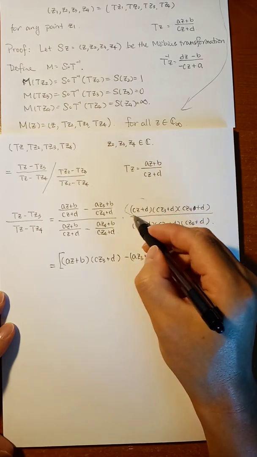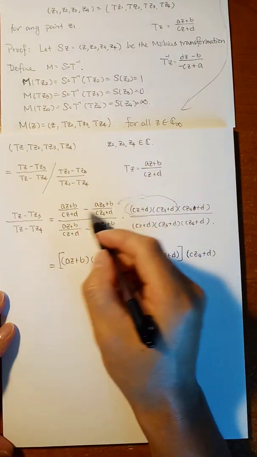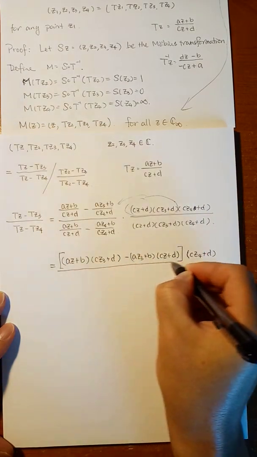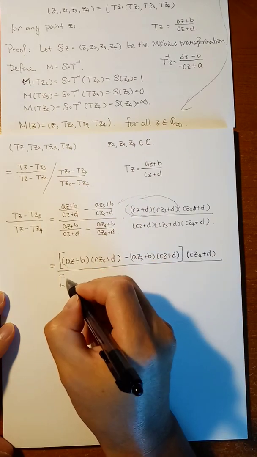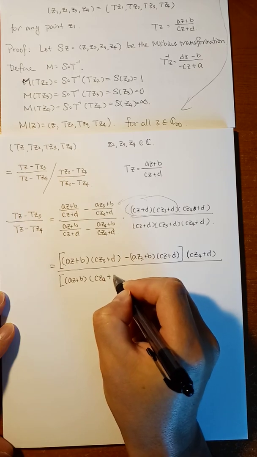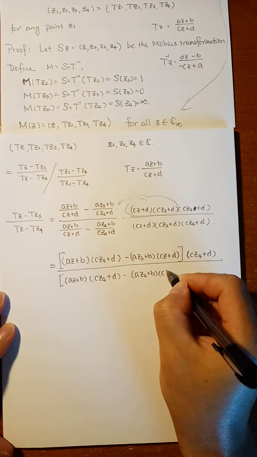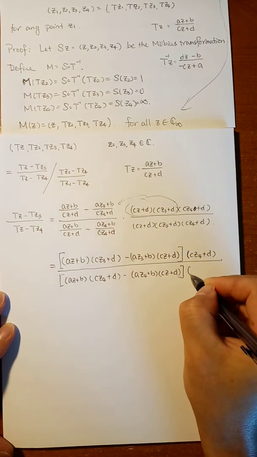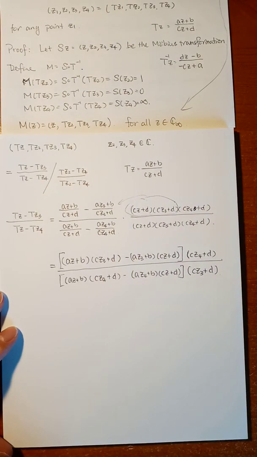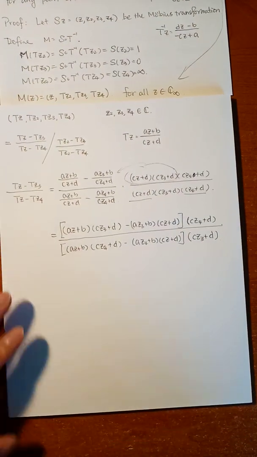Just first use these two terms to multiply, this difference, and then multiply by cz4 plus d. Similarly, we will have (az plus b)(cz4 plus d) minus (az4 plus b)(cz plus d), and times (cz3 plus d). Right? So you just use these two factors to simplify, to cancel the denominator.